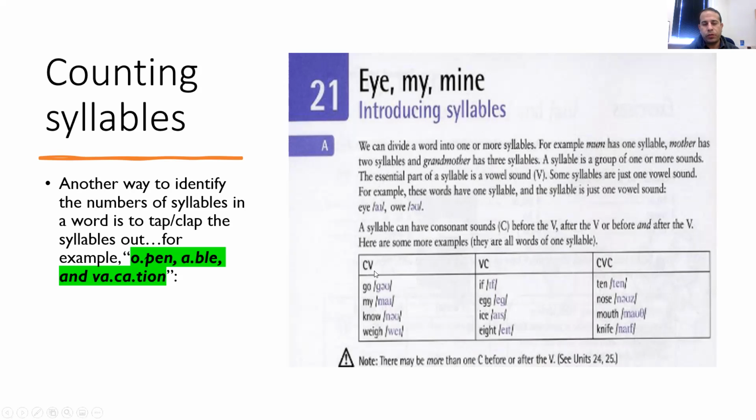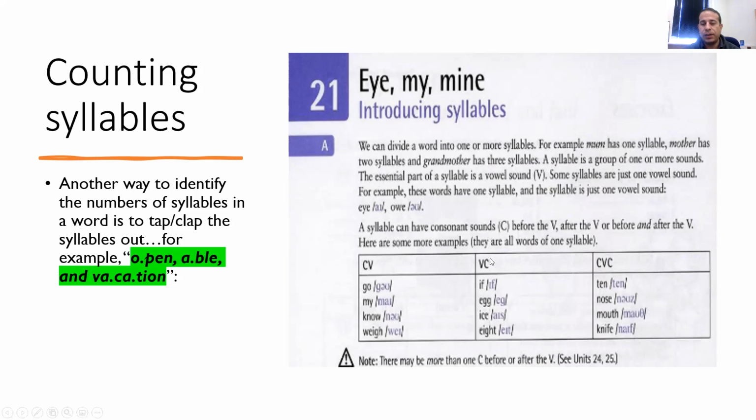So let's go for C, this is a consonant, and V, this is a vowel. Take "go": we have just one consonant, which is G, and then we have a vowel sound, which is O. So one way of having a syllable is having a consonant followed by a vowel.